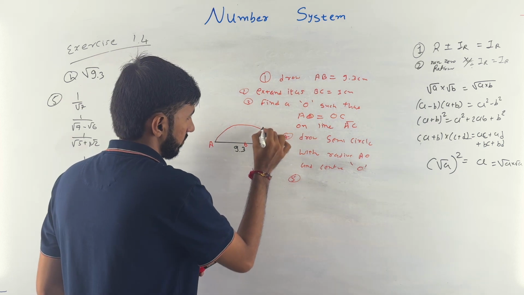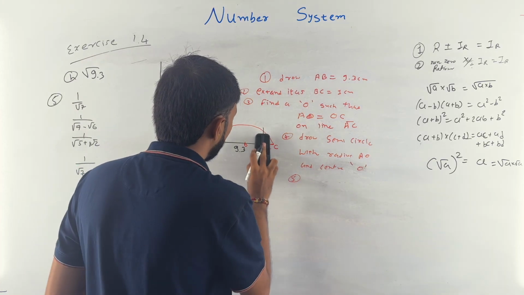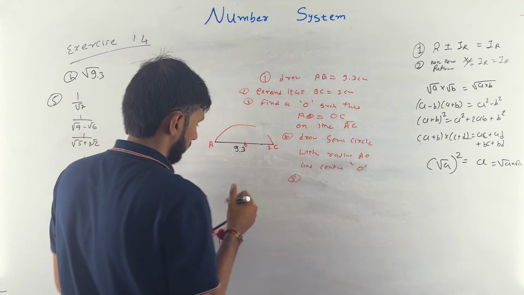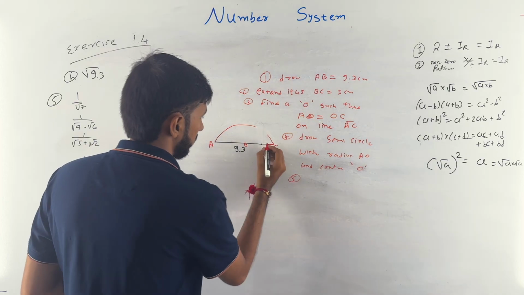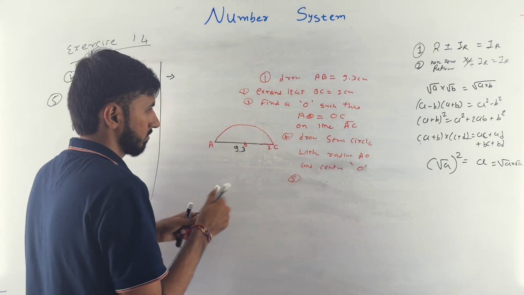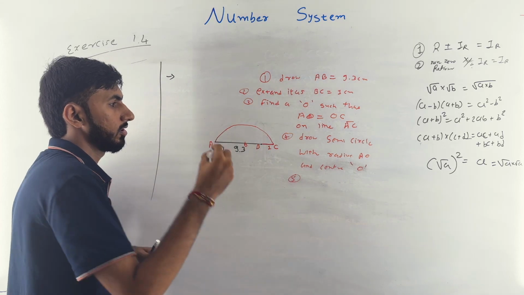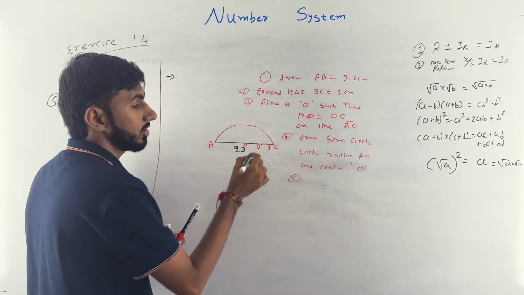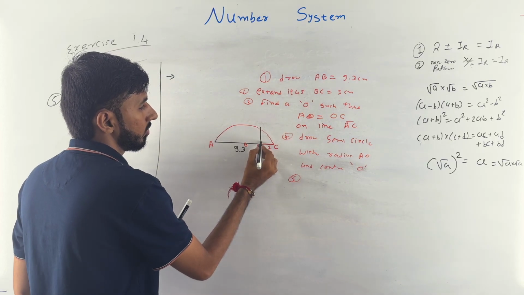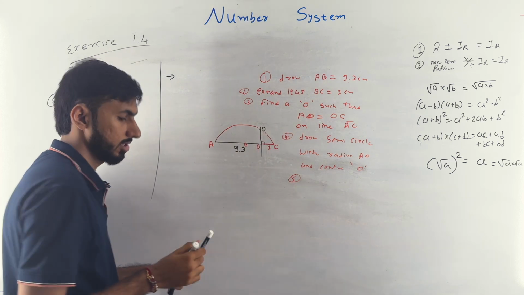Let me draw it. Oh, sorry, it does not look like a perpendicular. I have to draw a perpendicular on line AC that passes through point B. So this is the perpendicular on line AC that passes through point B. It touches the semicircle at point D.